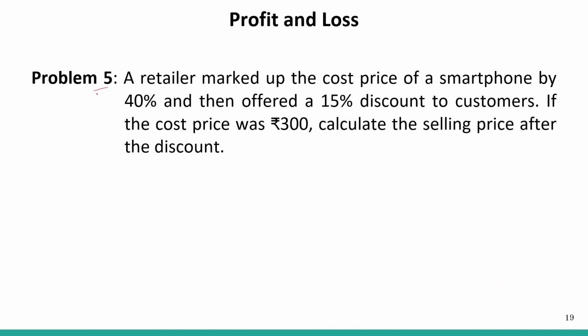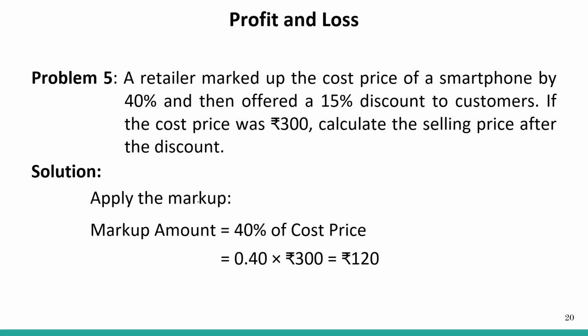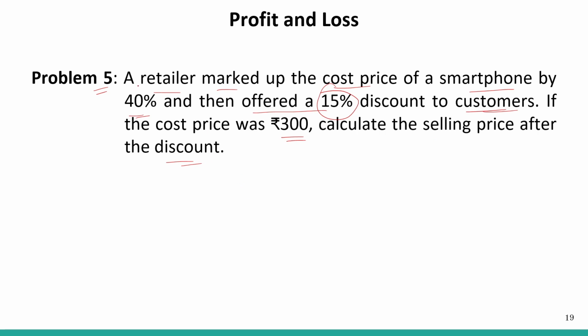So let's see problem number 5. A retailer marked up the cost price of a smartphone by 40% and then offered a 15% discount to customers. So if the cost price was 300 rupees, calculate the selling price after the discount. So what we have here is a retailer that marked up the cost price of a smartphone by 40%.